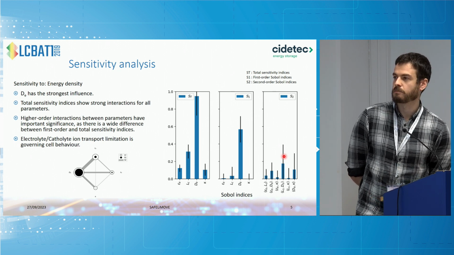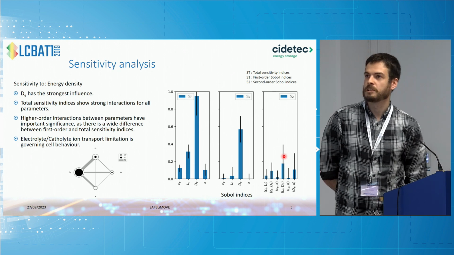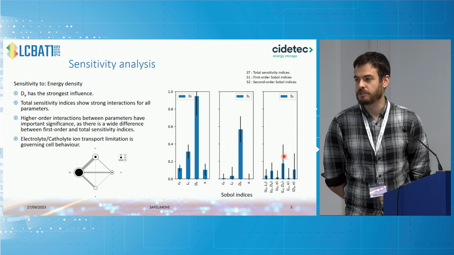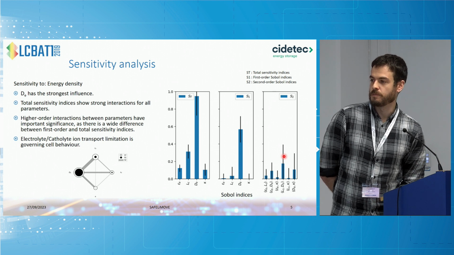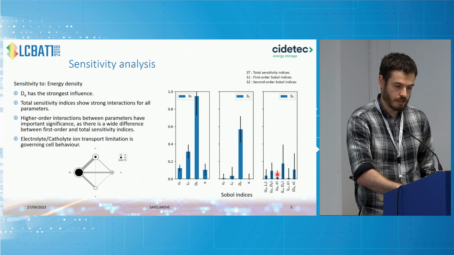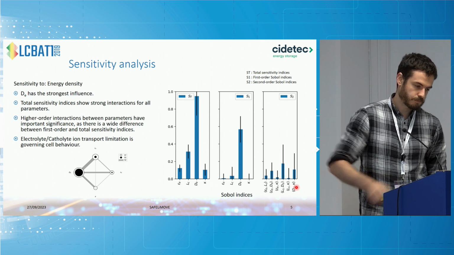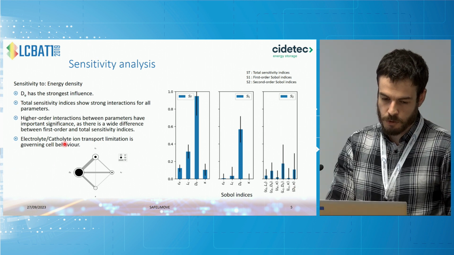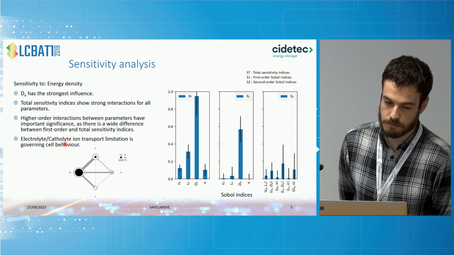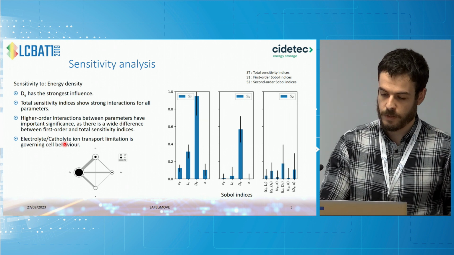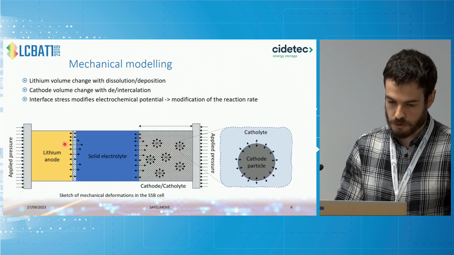The second order is the interrelation between two parameters. So we have a high effect on changing both, for example here, the thickness and the diffusion constant, and the conductivity and diffusion constant. So as I was saying, I conclude that mostly the ion transport, or the diffusion of the ions in the catholyte, is the main constraint.